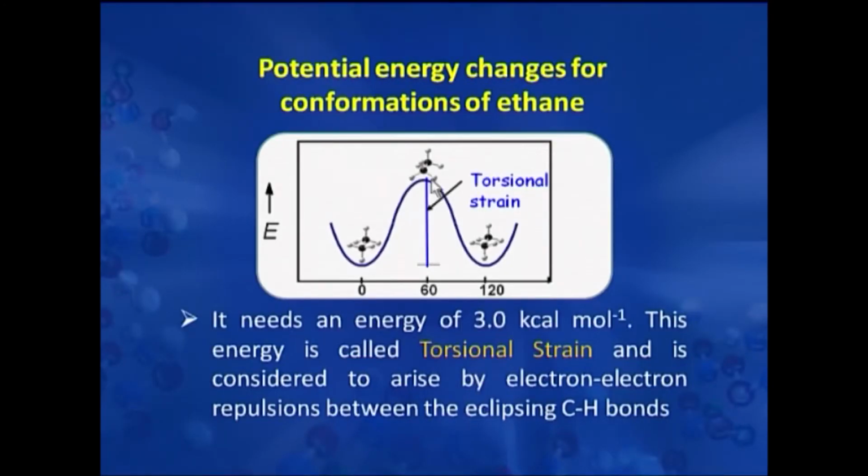So now, what is the cause of this energy difference? This energy difference has been named torsional strain in the molecule, and it is said that this arises in the molecule due to repulsion between the sigma electrons forming the bonds between carbon and hydrogen of the molecule.